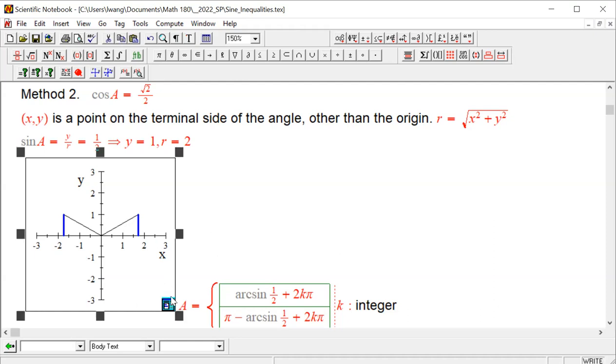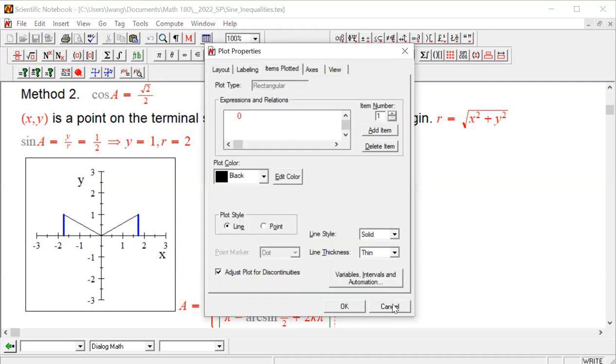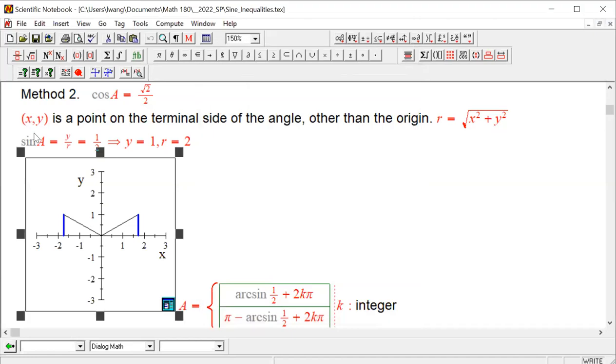So xy is a point on the terminal side of the angle other than the origin, and cosine equals x over r, and here it is √2/2.